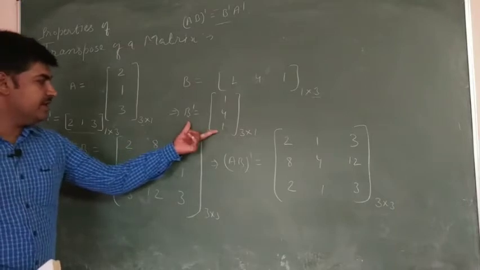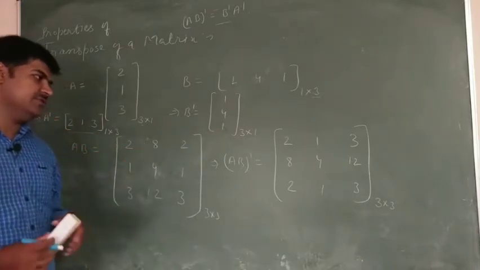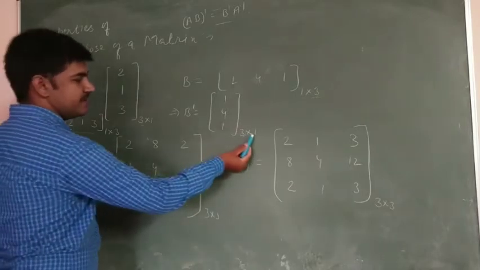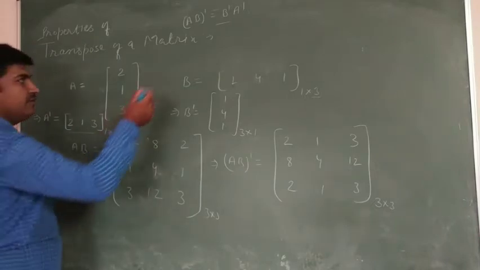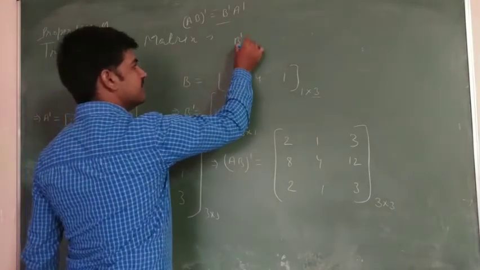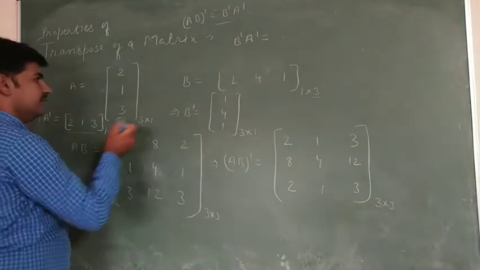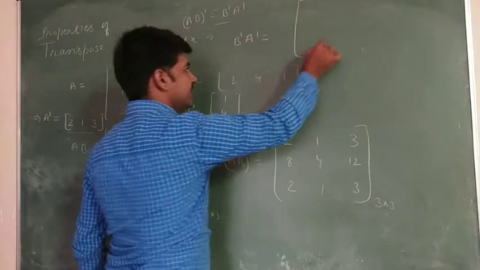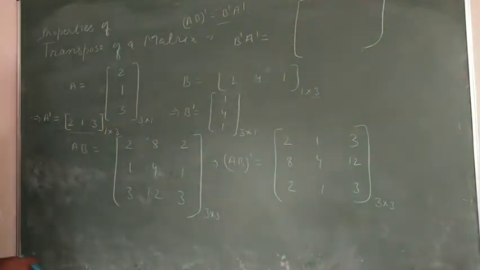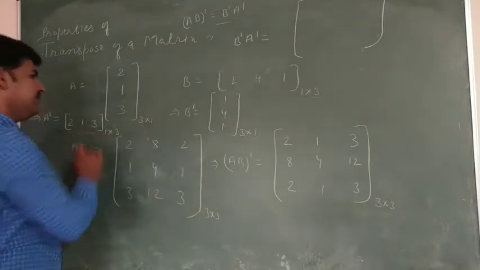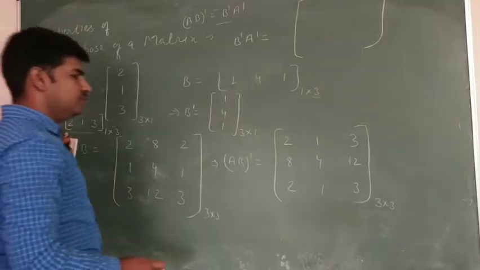Now if we find B dash times A dash, is it possible to find B dash times A dash? Yes, it is possible, as the number of columns in B dash is equal to the number of rows in A dash. So B dash times A dash is a matrix of order 3 by 3. The first row will be multiplied by this one, so first of all 2 1 3.